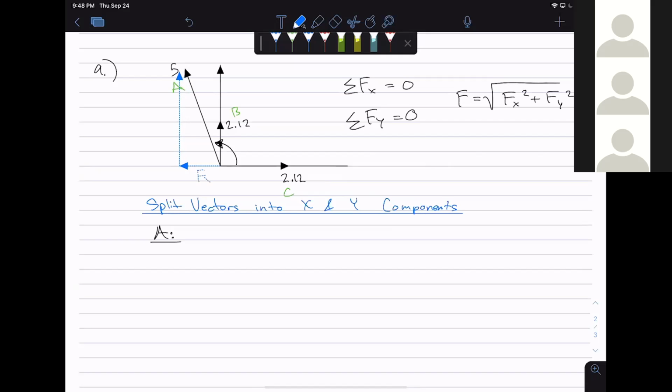So we have f of x, and this is f of y right here. We could start off with finding the sum of the forces in the x direction. Anybody have any questions right now? No, we're good. Okay.